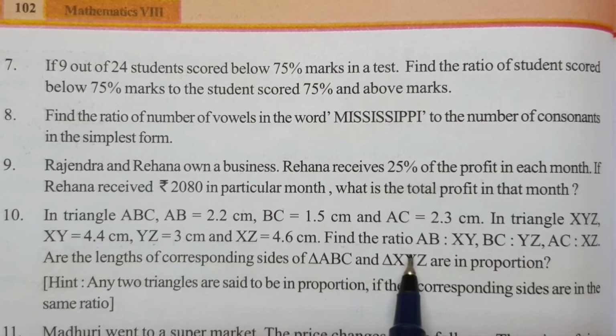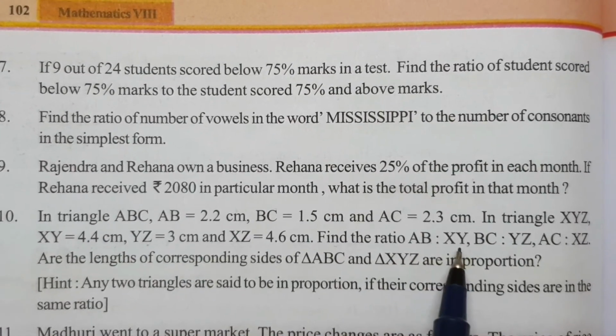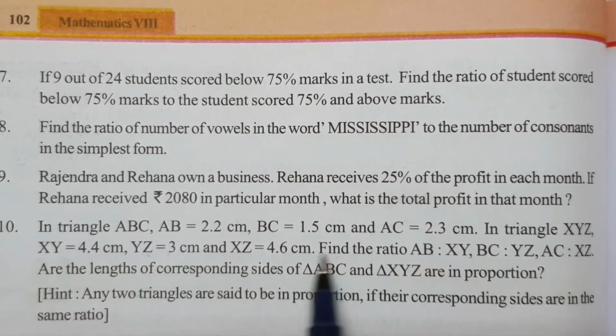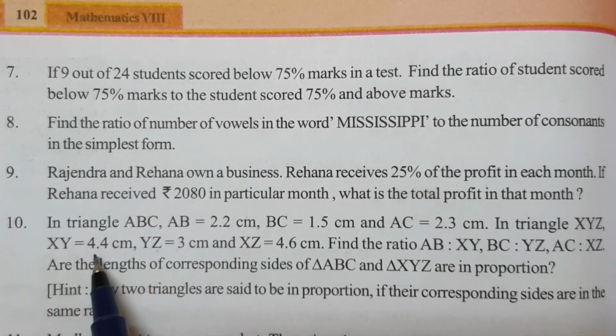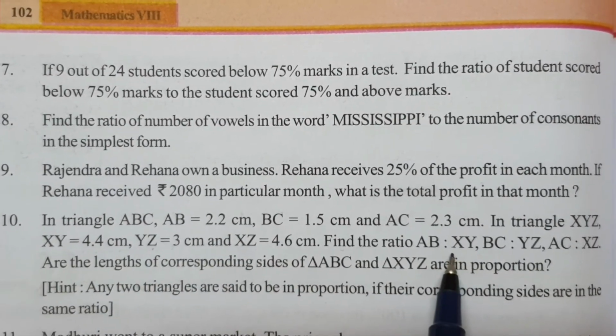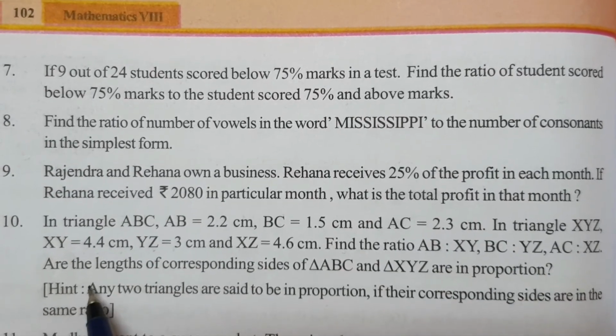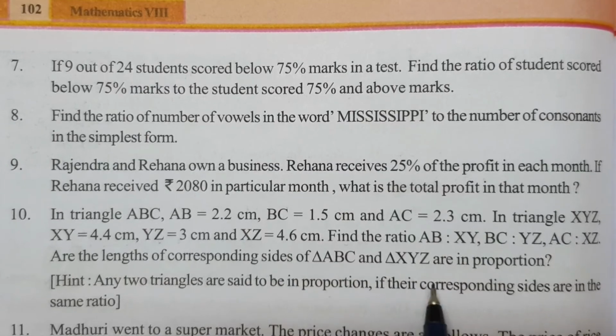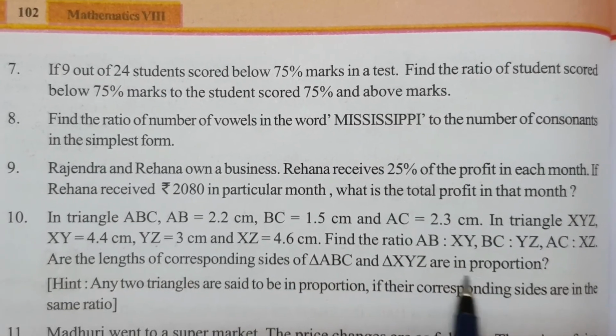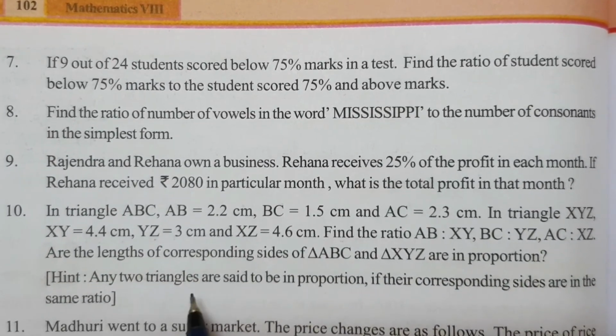For that, find the ratio of AB is to XY, and check whether the corresponding sides of triangle ABC and XYZ are in proportion. So see this answer.